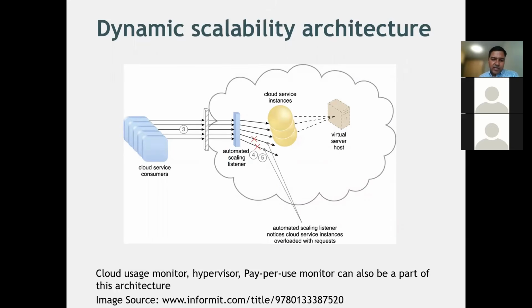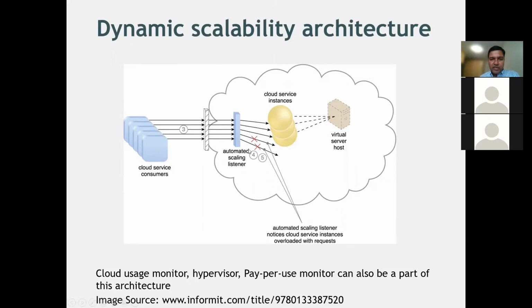of dynamic scalability architecture. Now the cloud consumers are sending requests, and there are automatic scale listeners. Now this automatic scale listener number 4 finds that it is overloaded with requests, then number 5 can say which new services can be used.